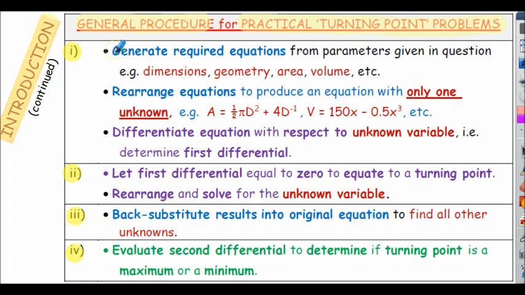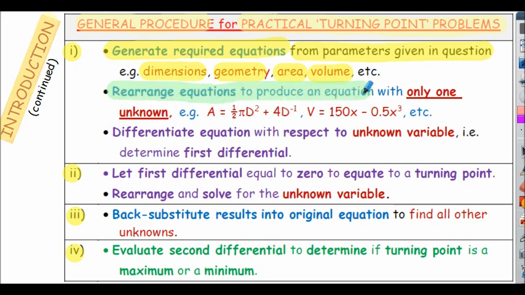Within the first step now, unlike the previous questions where we were given a formula which we could then differentiate appropriately, this time with practical problems we have to actually generate the required equations from the parameters that are given in the question. These parameters might relate to dimensions, geometry. In this presentation often it will be area and volume. We then need to rearrange these equations to produce an equation with only one unknown.